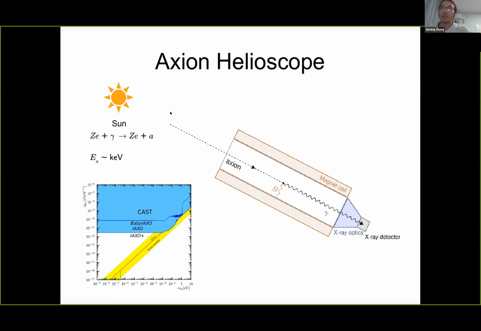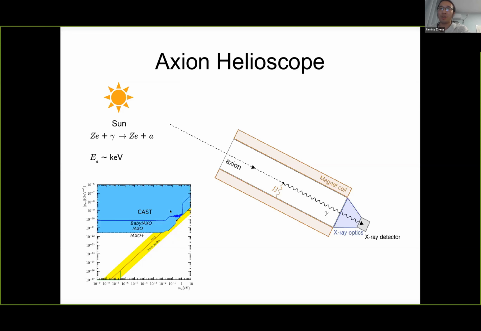So the basic idea is the following. Depending on the axion photon coupling, axions can be abundantly produced in the sun through the Primakoff process. Then if we point the helioscope towards the sun, the axion would travel into the bore of the helioscope. Then it can be converted into X-ray photons by the strong magnetic field inside the helioscope.